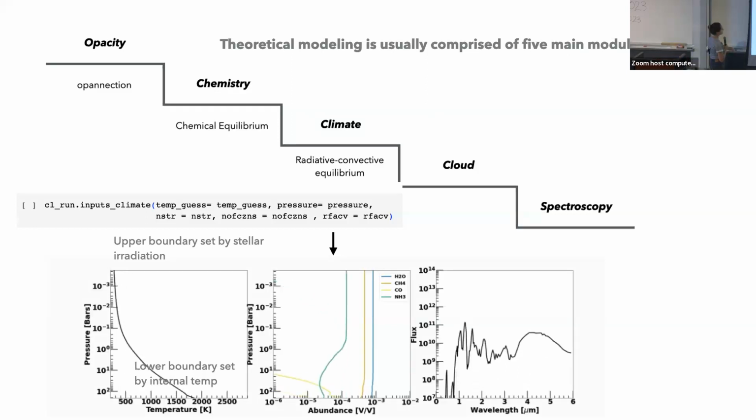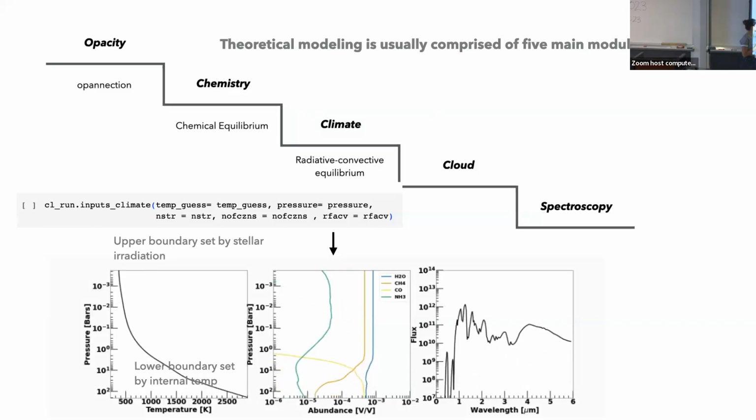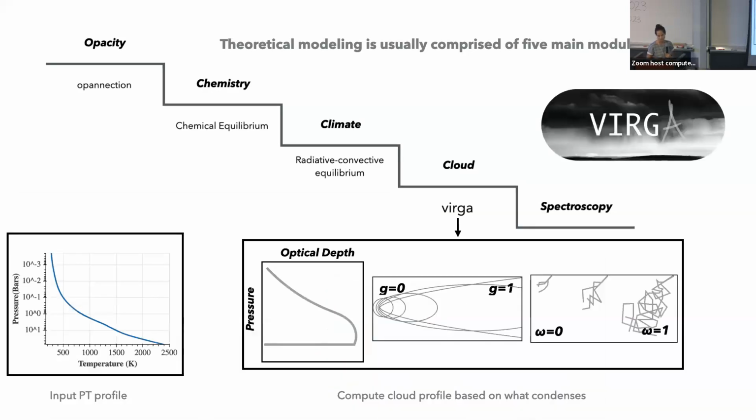Here you can see we start out with a simple guess that is an isothermal profile, based on the upper boundary conditions that are set by the stellar irradiation, and lower boundary conditions that are set by the internal temperature. Your model is going to try and converge to a steady state solution and give you out the corresponding chemistry. So you'll go through these motions to try and compute these climate profiles.